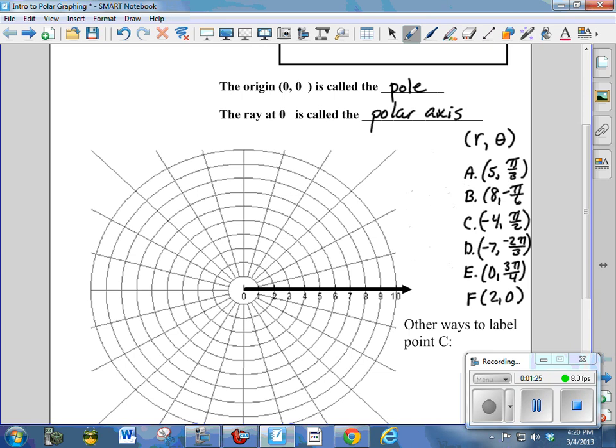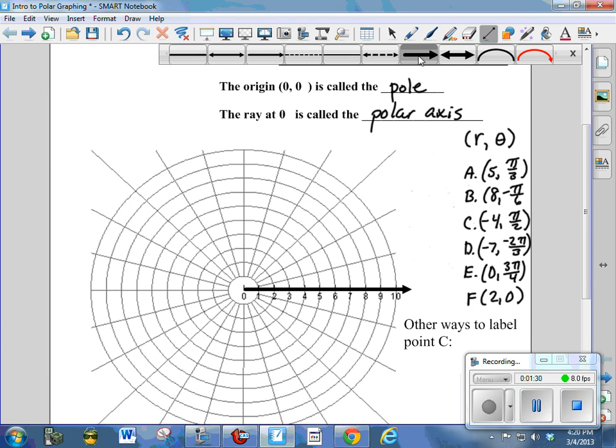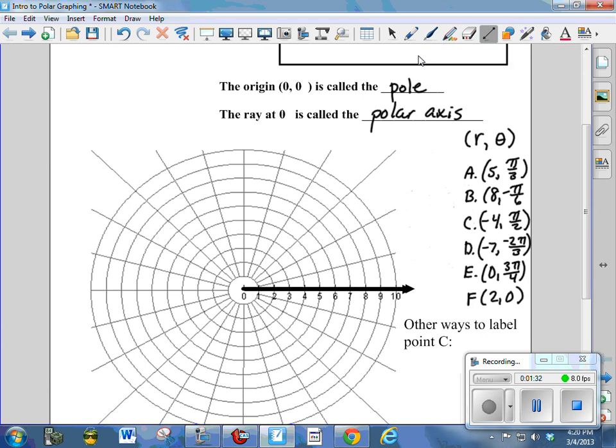Now I'm going to show you how this works by adding an arrow to the polar axis here that I can manipulate around. Right now, this little white dot here is at the point 0 degrees, 10 units out.